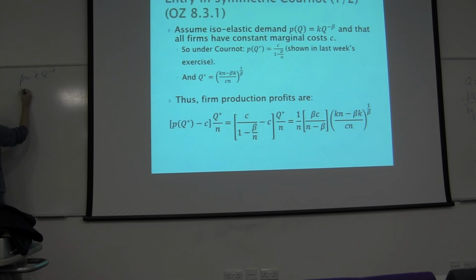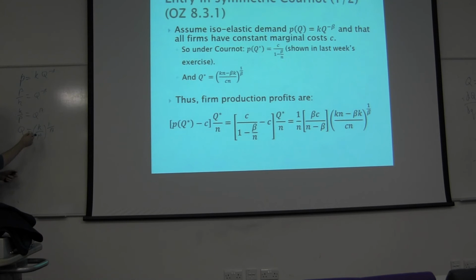Okay, so P over K equals Q to minus beta, or K over P equals Q to the beta. Okay, so Q equals K over P all to the power of 1 over beta. So that's the demand curve. I'm just inverting the demand curve. Okay, so this is our inverse demand curve, this is the demand curve.